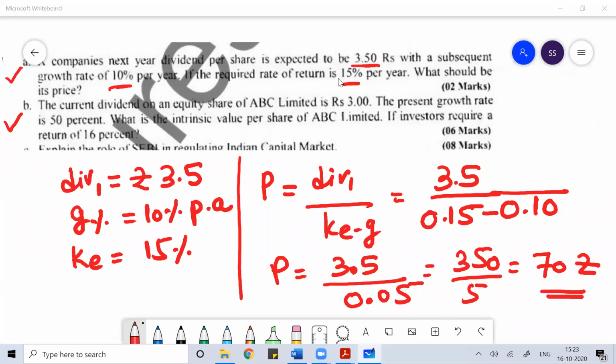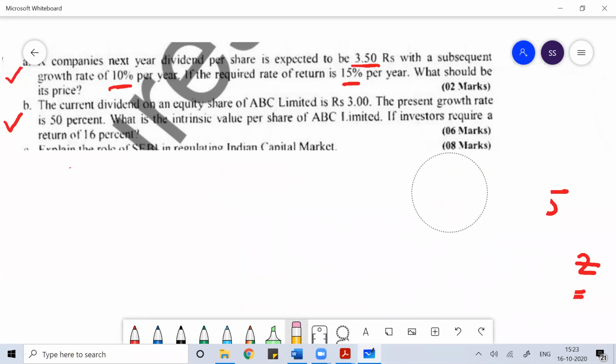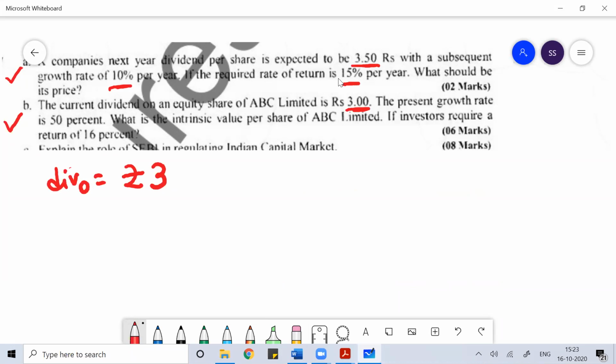So then the part B of the question. The current dividend of the equity share of ABC Limited is 3 rupees. So the current dividend means Div naught is 3 rupees. The growth rate is 50%, which means 0.5. What is the intrinsic value of the share of ABC Limited if the investor return is 16%?